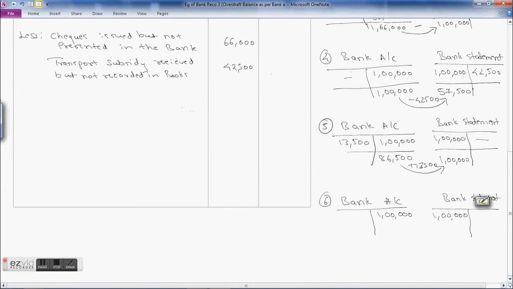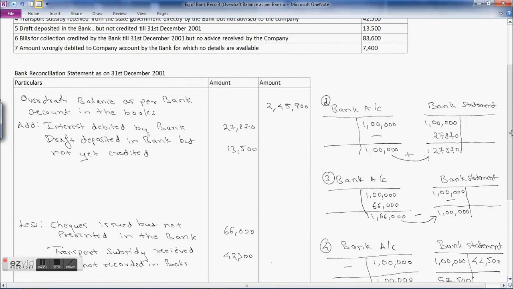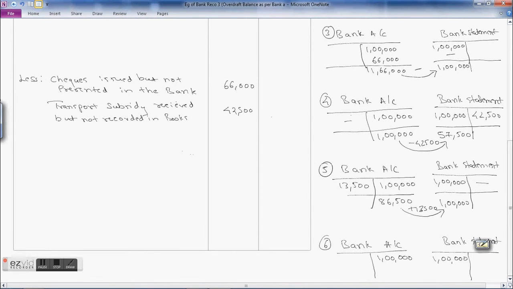So what has happened? The bills have been credited by the bank. What is the amount? 83,600. So on the credit side of the bank statement, you have 83,600. Okay, but there is no entry in the debit side of the bank account.